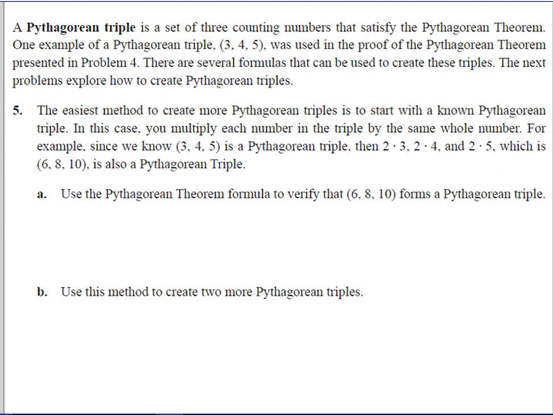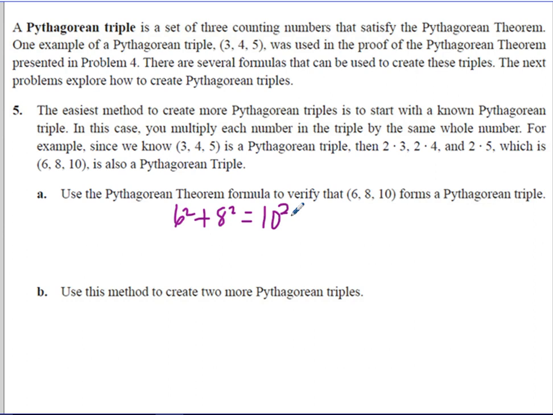Now it says use the Pythagorean theorem to verify that this triple works. So we need to know that 6 squared plus 8 squared equals 10 squared.